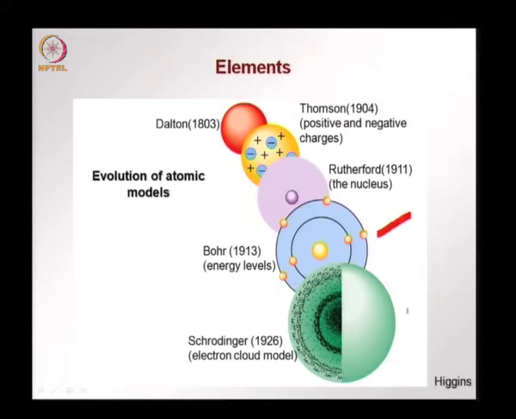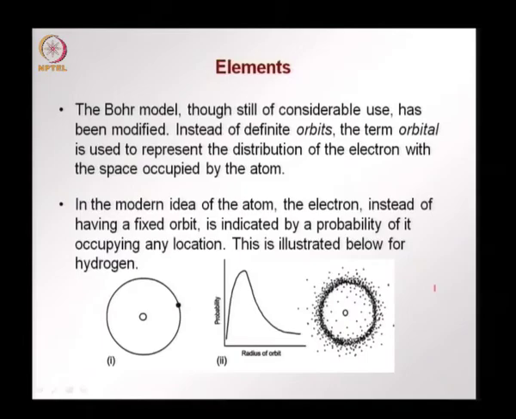In 1926 Schrodinger developed this model further and came up with an electron cloud model, saying that the electron does not have a very specific orbit, but it moves in a certain area, and this gave rise to the electron cloud model. However, we still use the modified Bohr model.